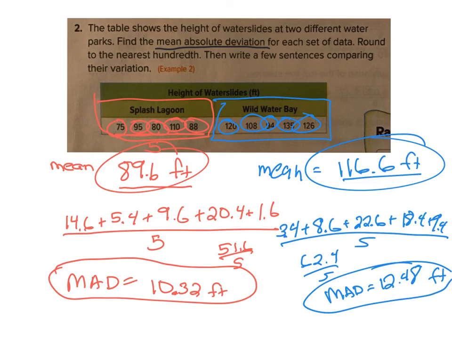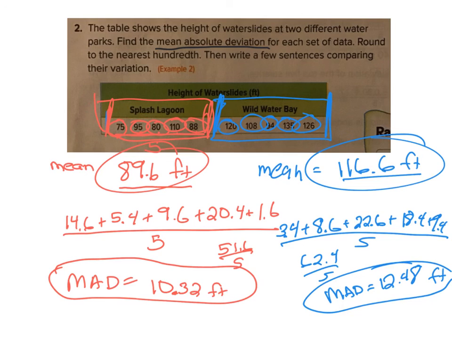One way you can talk about that is that the mean absolute deviation of the heights at Splash Lagoon is less than the mean absolute deviation of the heights at Wild Water Bay. The heights of Splash Lagoon are closer together. If you want some that are really tall and a little smaller, you go to Wild Water Bay. So that is two problems showing you how to do the mean absolute deviation.